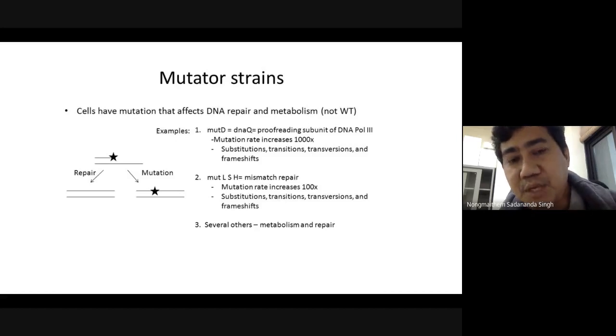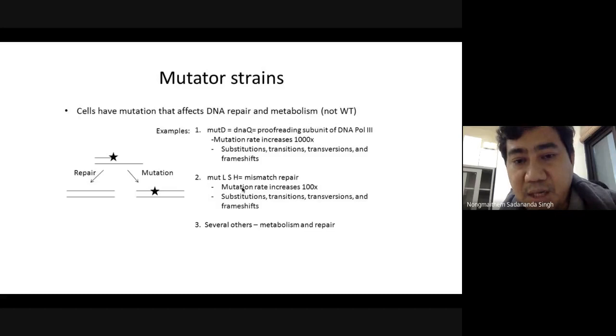For example, mutD, the DnaQ homolog, is part of the DNA polymerase III. DNA polymerase III is the one involved in DNA replication, correct? So in the DNA replication complex, if there is a mutation in mutD, it enhances the mutation rate to 1000x. So the strain which carries a mutation in mutD will be a mutator strain.